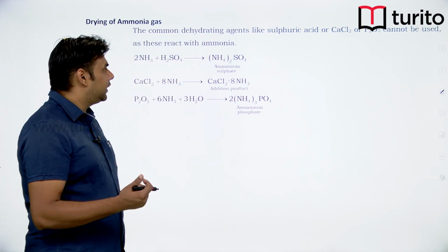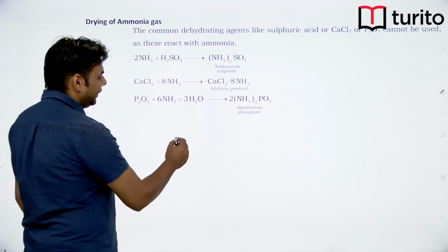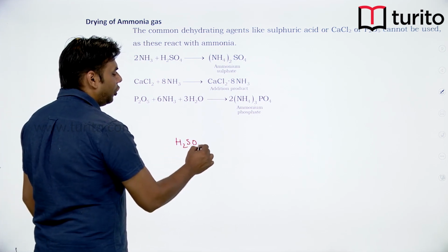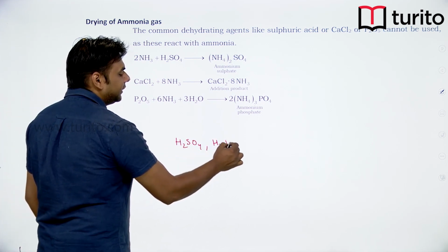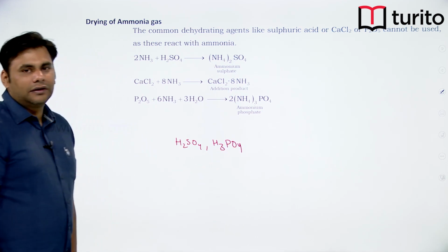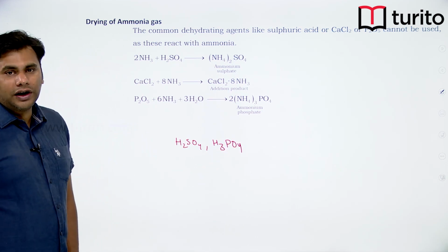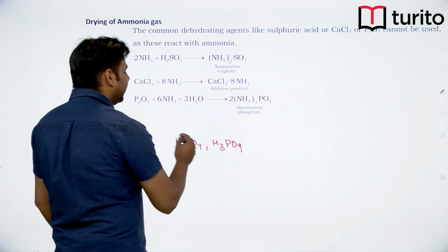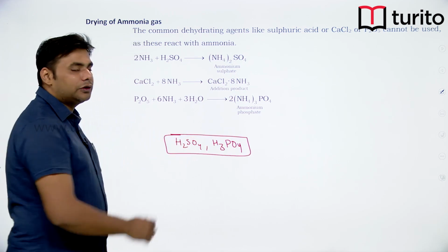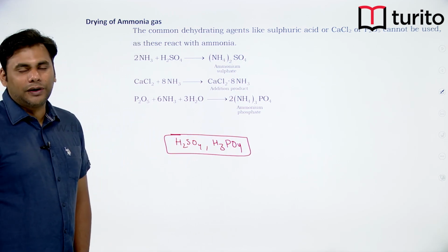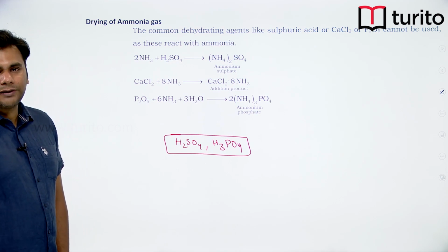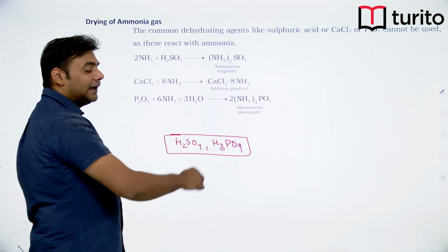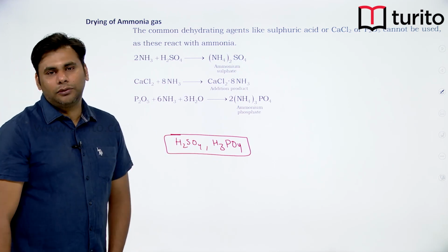Now the next question comes, can we take H2SO4 or H3PO4 as the drying agent for ammonia? When you take these as the drying agent, they are also acids. We know that ammonia is basic in nature. So if you take these drying agents, there would be a reaction between acid and base.